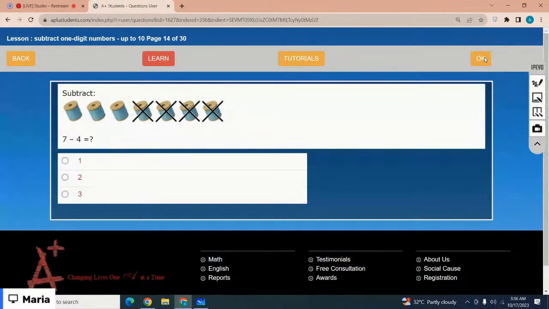The next one is 7 take away 4. So which is the correct option? You have to count the ones that are not crossed. So 7 take away 4 is 3. The correct option is 3.